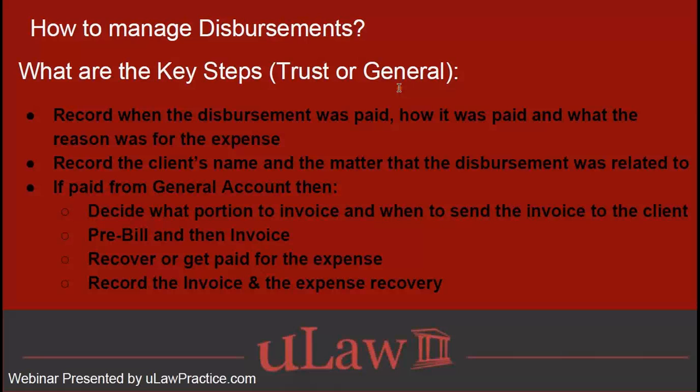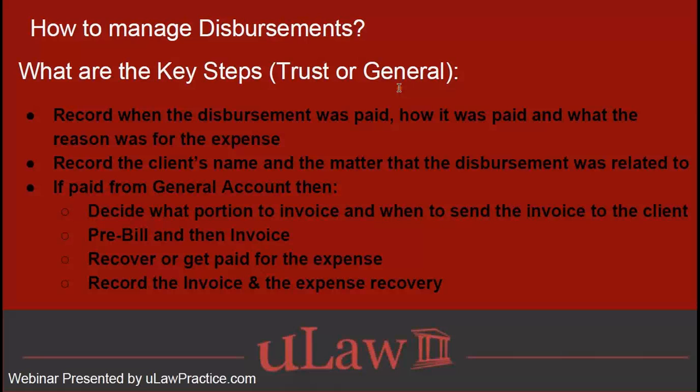And if paid from general account, then you probably want to decide what portion to invoice and when to send that invoice to the client. Let's say your invoice is a combination of the legal dockets that you have and disbursements. You probably want to build a style of having a recurring invoice that's being sent out.